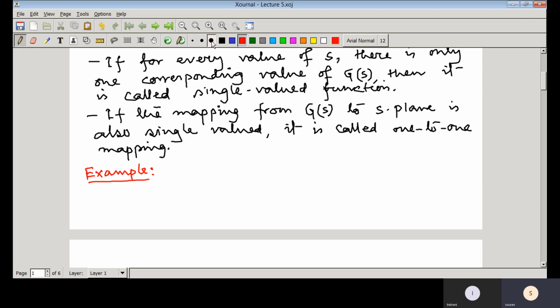Say you have a function G(s) equal to 1 by (s plus 1). Here S is the complex variable, and we map from the S plane to the G(s) plane.